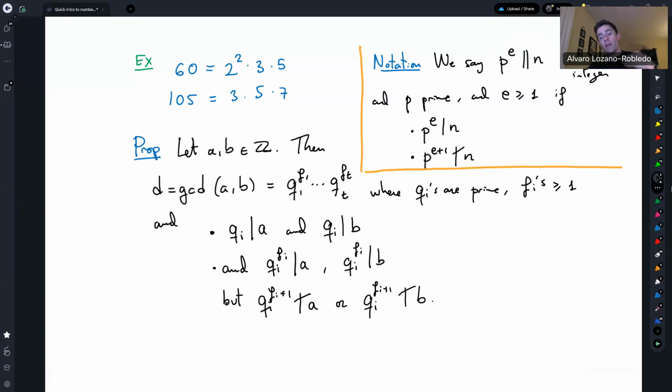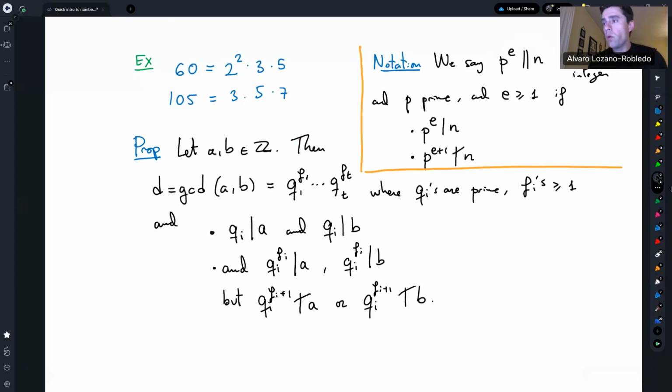So the f power is the largest power of q that divides both a and b, but there is at least one of the two, a or b, that is not divisible by q to the f plus 1. So it's the largest power of q that divides both.